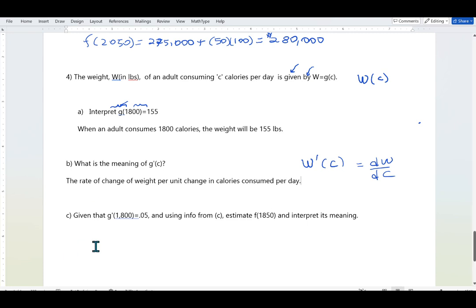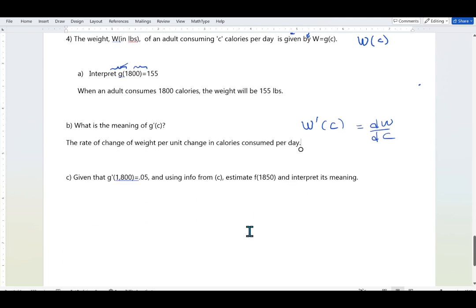Okay. And given that G prime of 1800 is 0.05 and using information from part A, estimate F of 1850. In other words, W of 1850, meaning the weight of an individual who consumes 1850 calories. First, we already know the weight of an individual who consumes 1800 calories, right? That is 155.